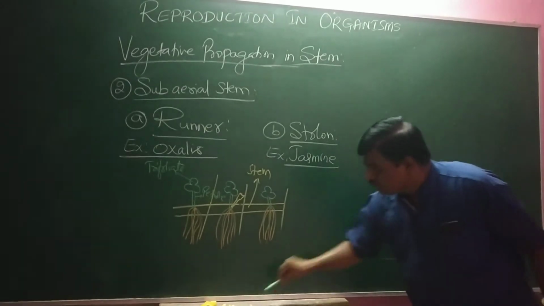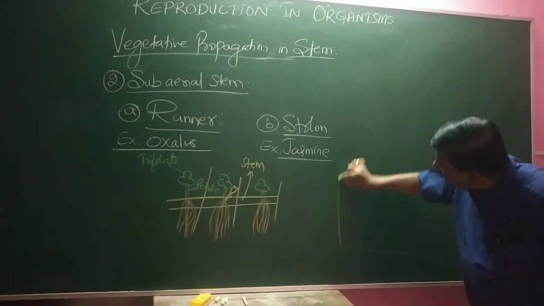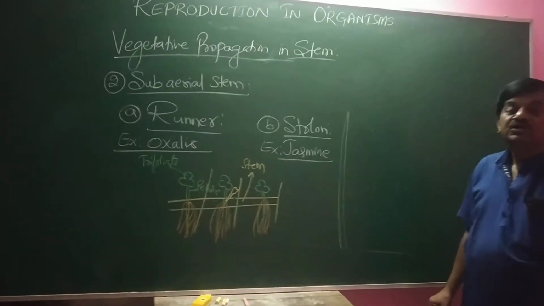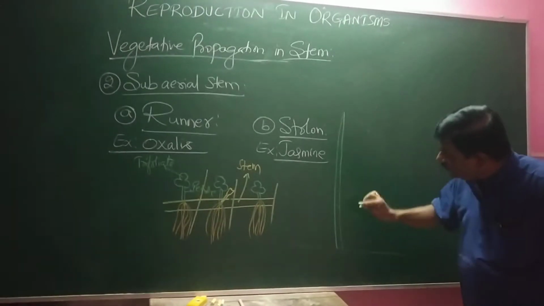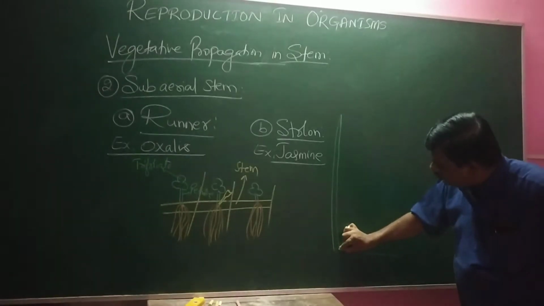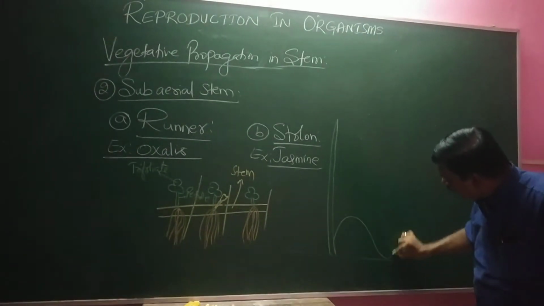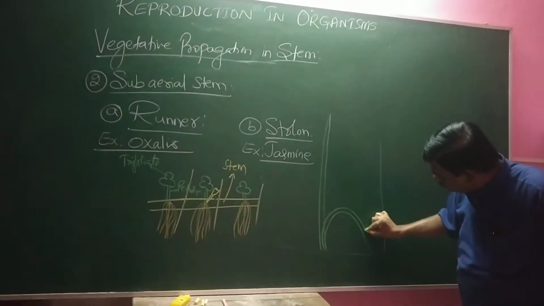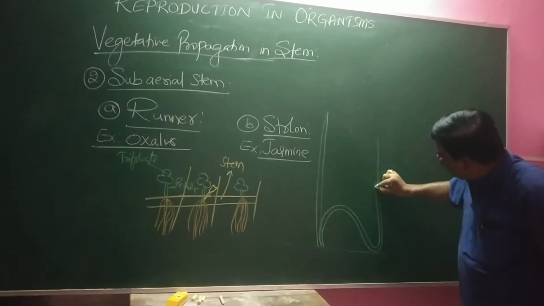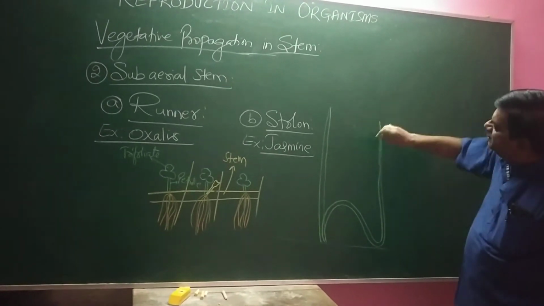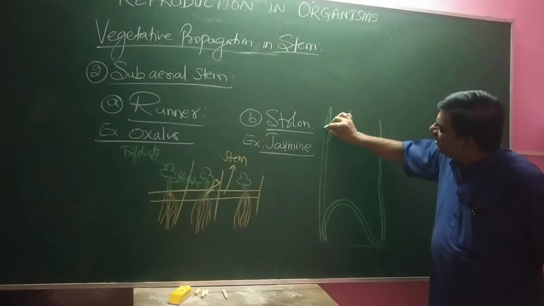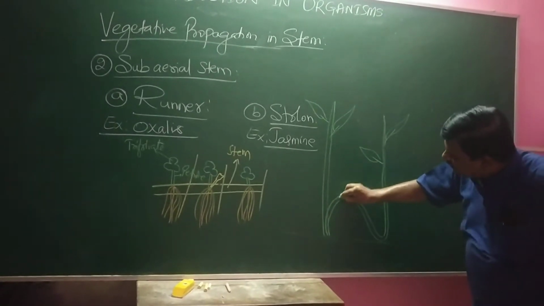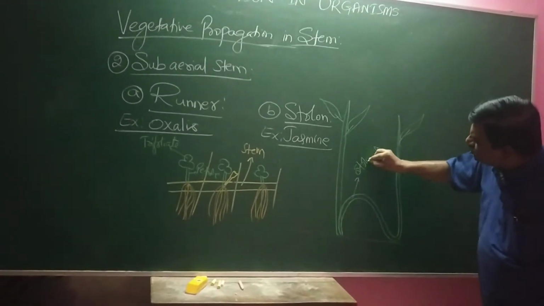Here, one of the stems is erect, and one of the lower nodal regions of the stem bends down and continues to grow. The lower nodal region touches the soil and keeps on growing. Here, there is a presence of elevation, and this elevation is called stolon.